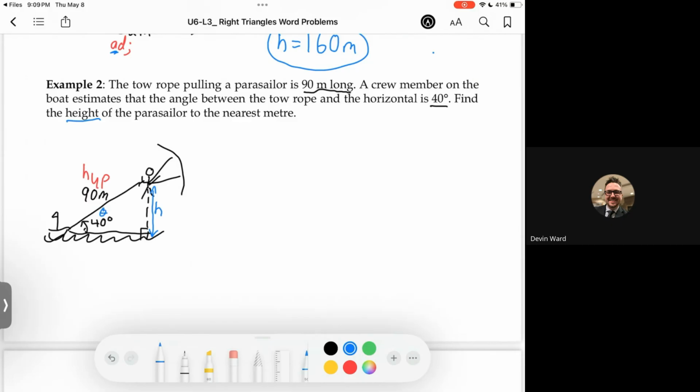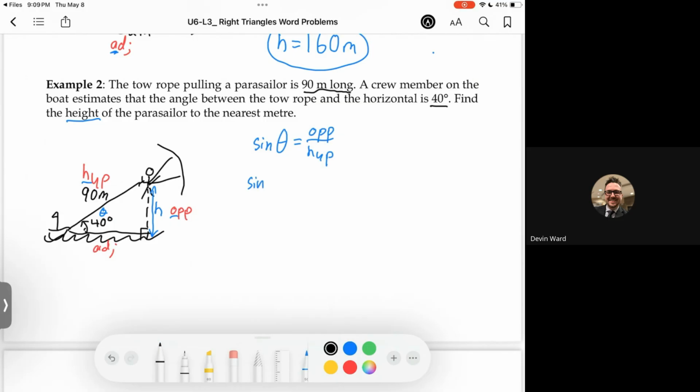So that means that H, again, is my opposite side, and this side on the bottom is my adjacent. Okay, so I have the hypotenuse. I'm looking for the opposite. Which trig ratio has opposite and hypotenuse? That would be sine, which is equal to the opposite side divided by the hypotenuse.